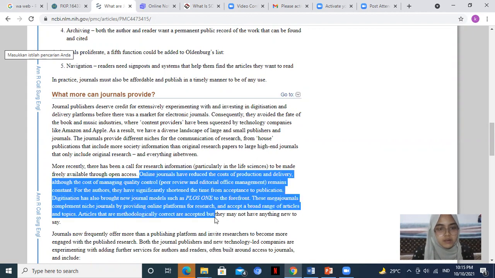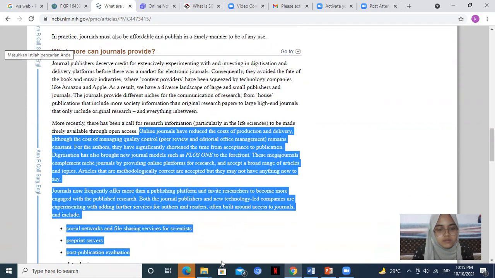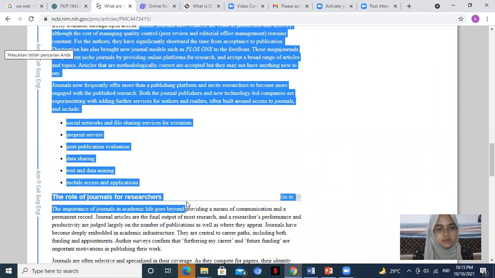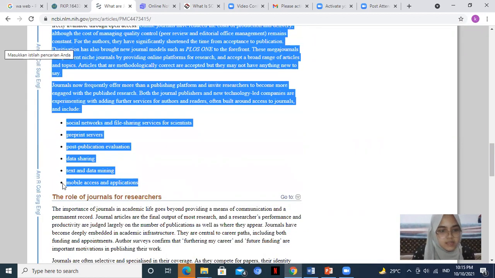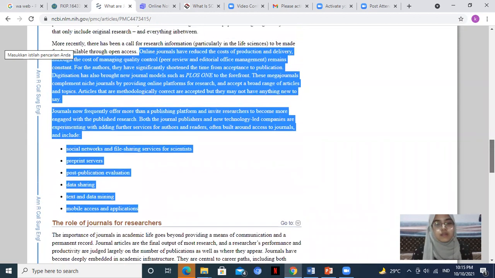From here until this, mobile access and applications. The answer is here, from online journals until mobile access and applications.